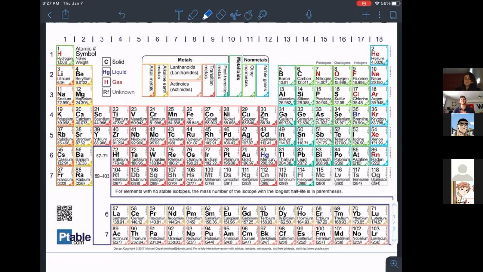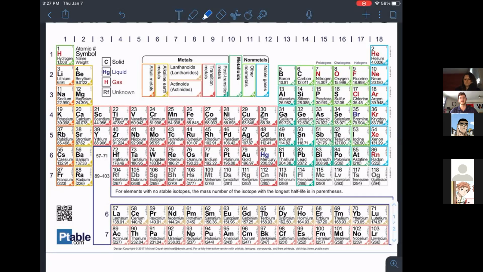We're going to get smaller. Awesome. And we're getting smaller because we gain more protons, which means there's a larger Coulombic attraction as we go across, which means those electrons and protons are pulled closer together, making the atom smaller.